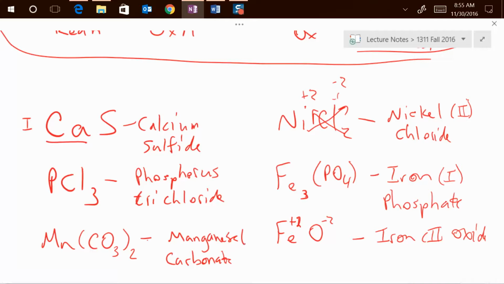Not 1. 4. Because carbonate has what charge? It has a -2 charge. So if I have 2 of them, that's -4. The manganese must have a +4. This is +4. Okay? So those are the things that you need to be careful of.